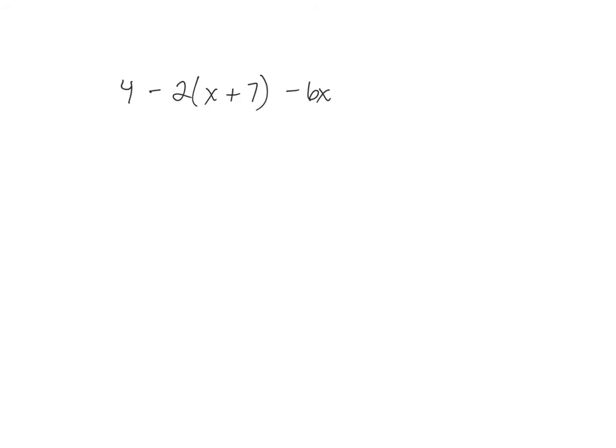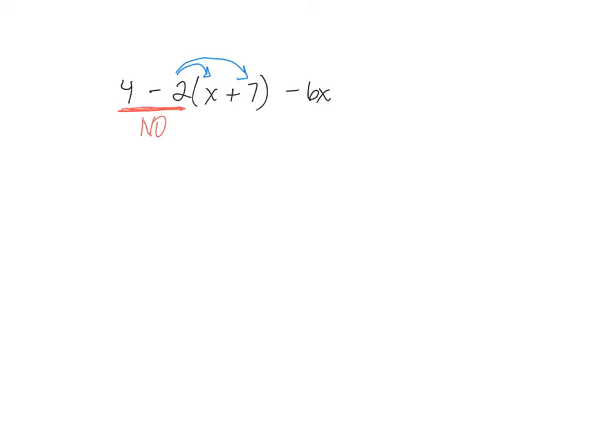So I'm going to use the distributive property. Just make sure this negative goes with the 2. The most common mistake that I see is people want to subtract these two and then do the distributive property. Don't do that. Getting rid of parentheses first is typically the first thing that we do when we simplify expressions.